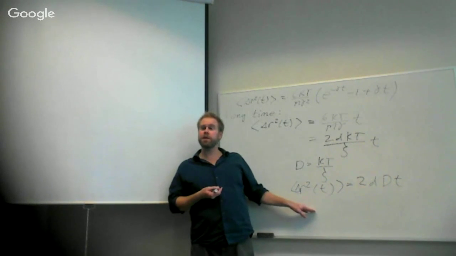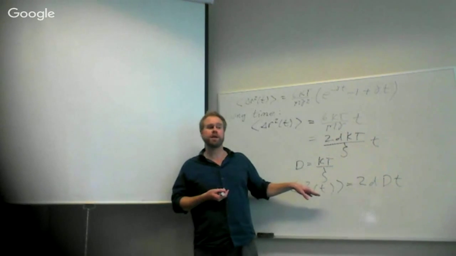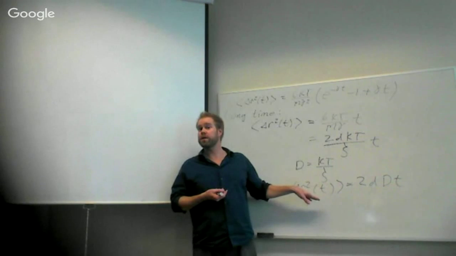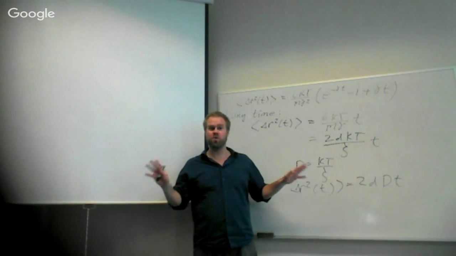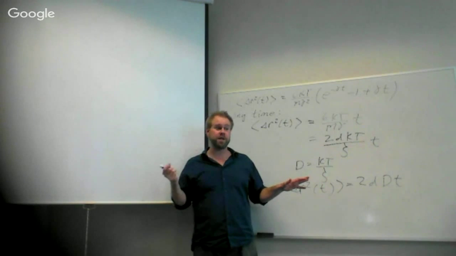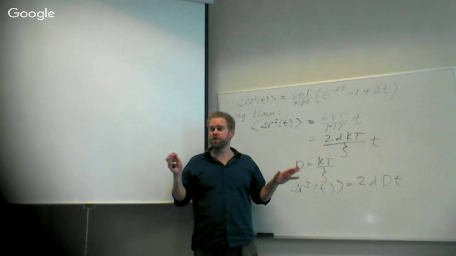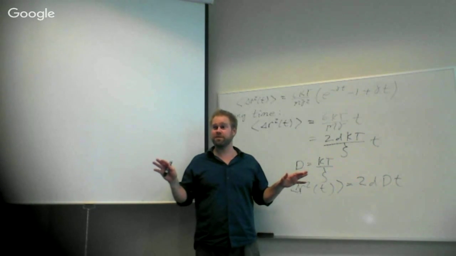If this was ballistic motion, it scales as t squared. But now we have something that scales as t. It's fundamentally different. Cool? Diffusion, different. It's its own type of motion that we're going to study for a little bit, because it's very interesting. It's also very important. A lot of things in your body are just kicking around due to thermal chaos.